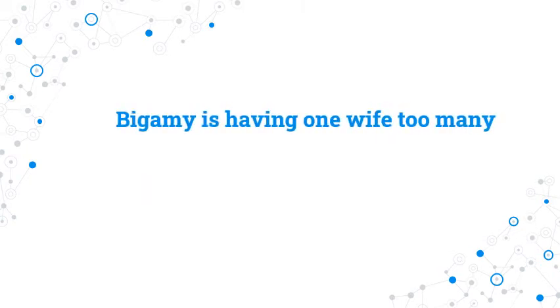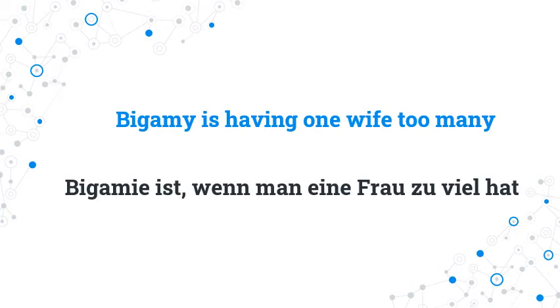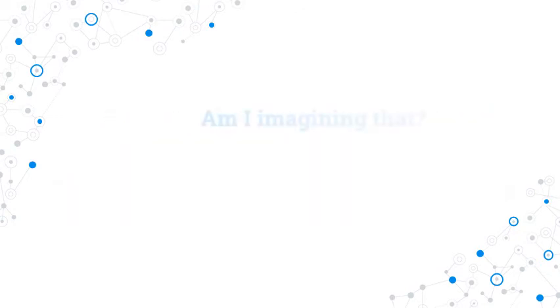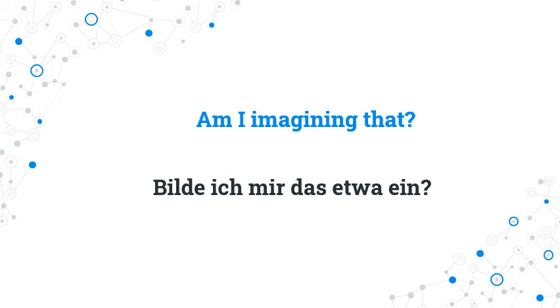How do you say, bigamy is having one wife too many, in German? Bigamie ist, wenn man eine Frau zu viel hat. How do you say, am I imagining that, in German? Bilde ich mir das etwa ein?